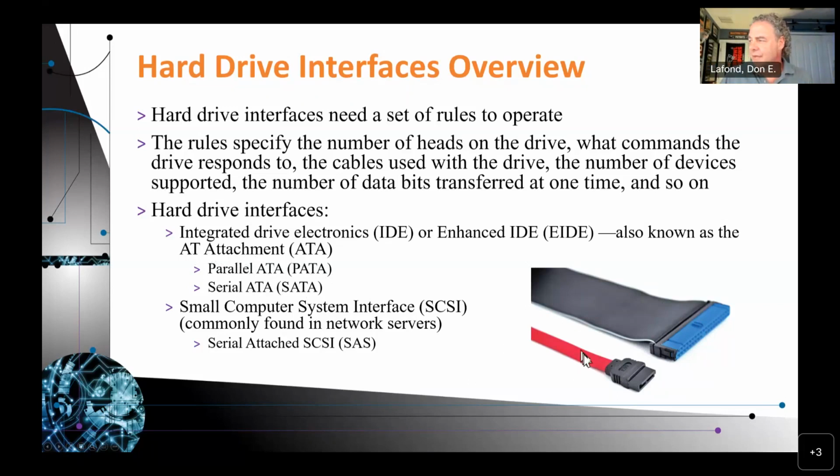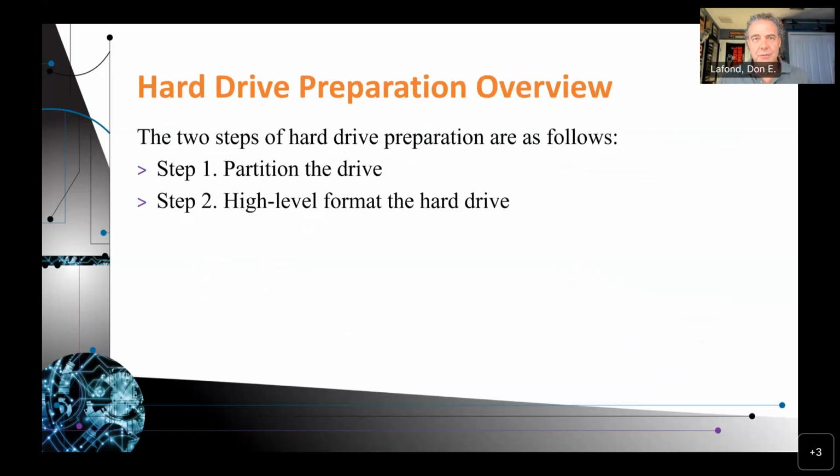This is SATA and this is PATA, and then they actually renamed this to PATA. It wasn't PATA at first. Anyways, we also have small computer systems interface, SCSI, and serial attached SCSI interface cables, not shown here, as another type of cable you found in network servers.